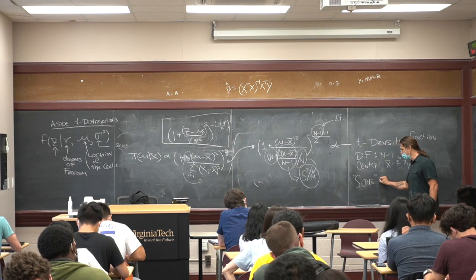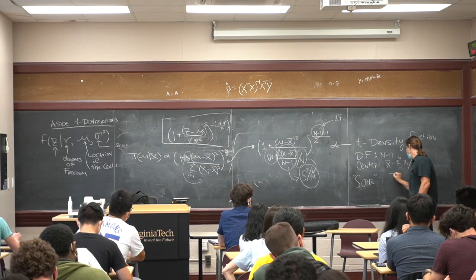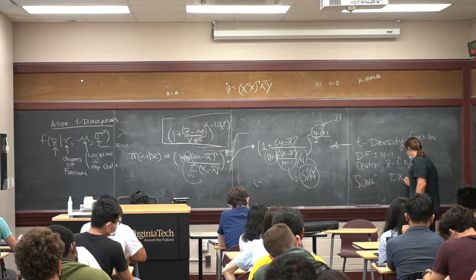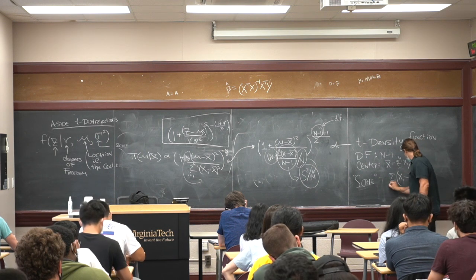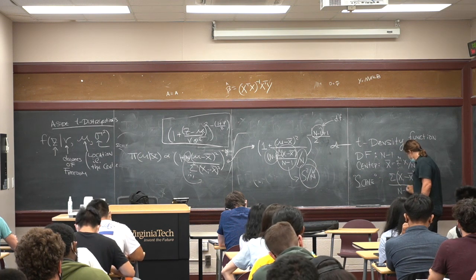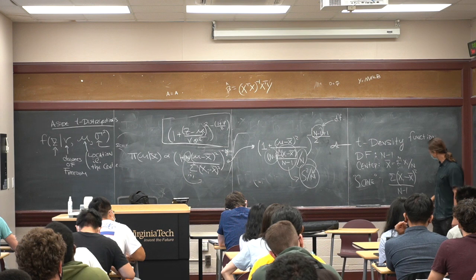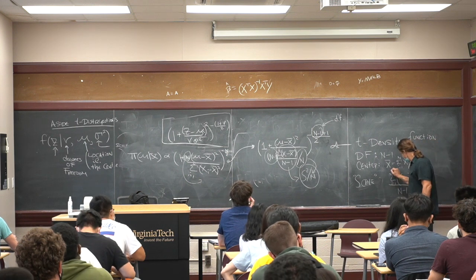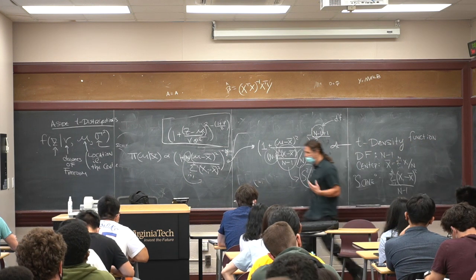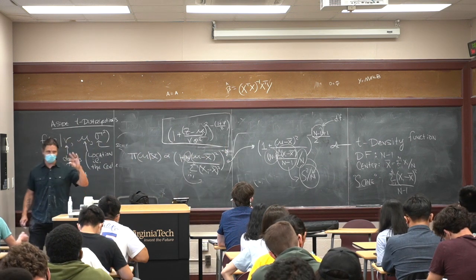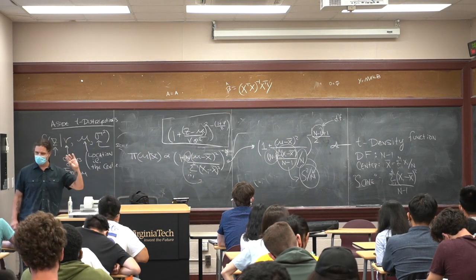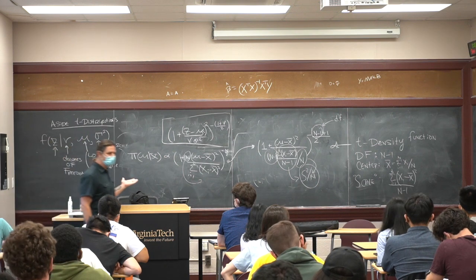I'll just be a little bit loose about this. This is sum of the xi's minus x bar squared divided by n. I'm just going to leave it for right now. And the degree of freedom is just controlling the tail thickness. I think that's good enough.